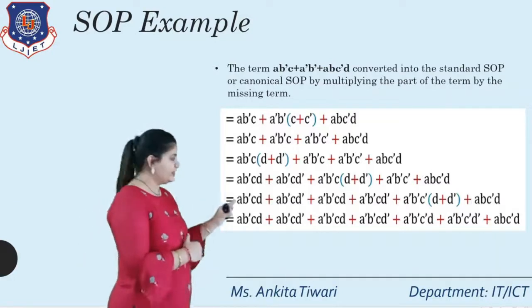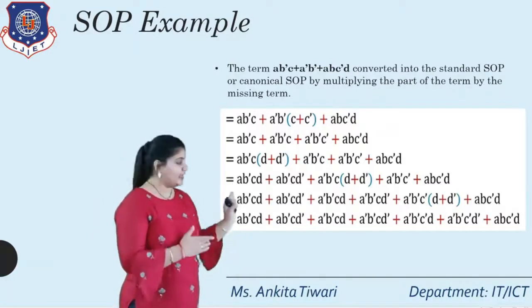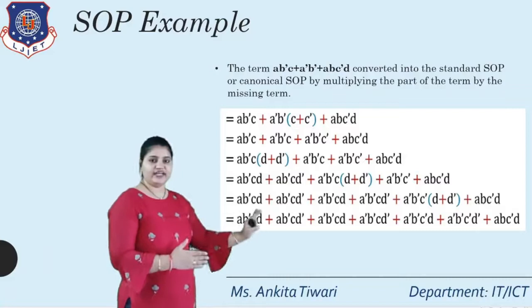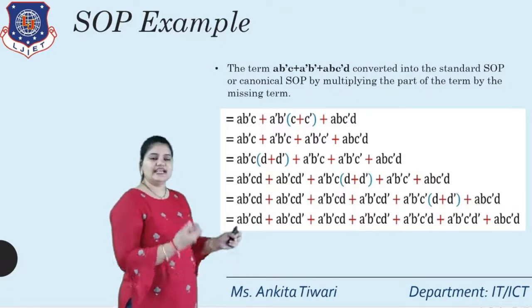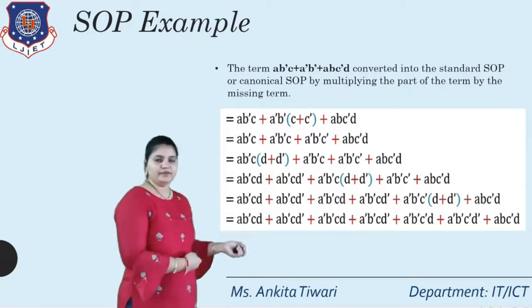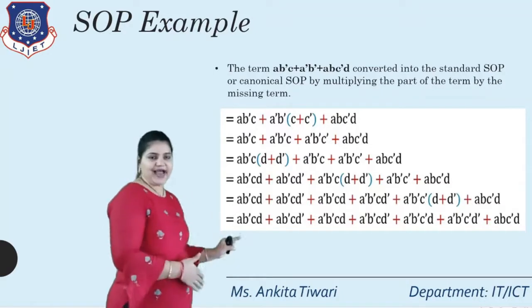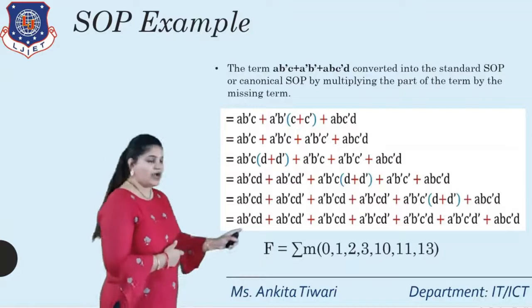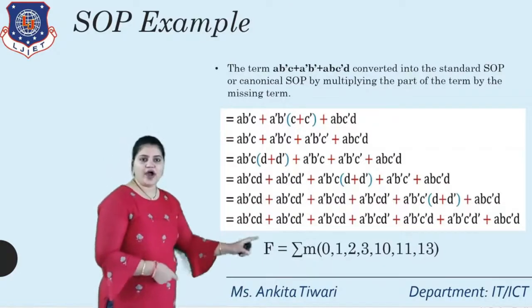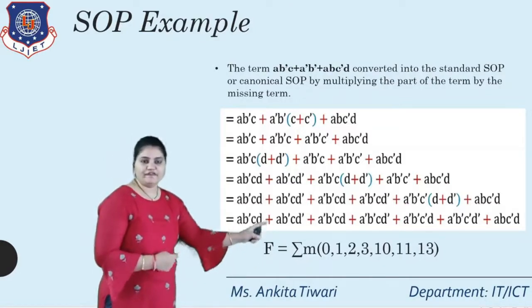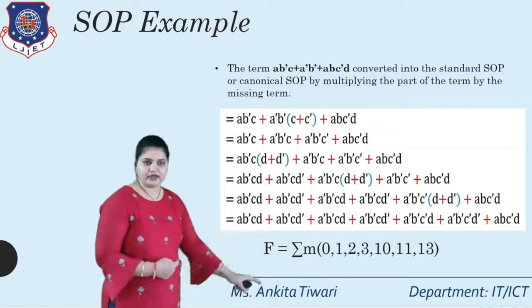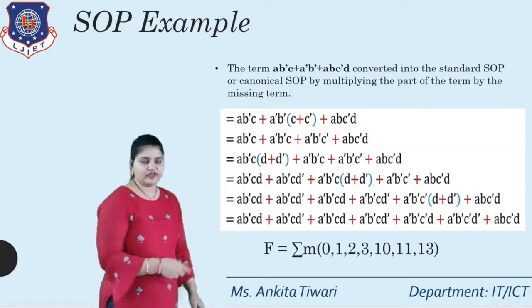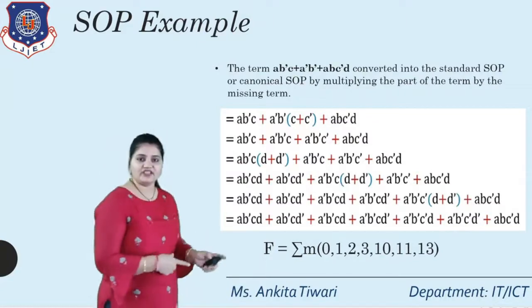So we need to see that also. Is any term repeating? If yes, then we'll combine it and keep only 1, and if not, we'll keep it as it is and we'll see the SOP. So here we get the answer as sigma m 0, 1, 2, 3, 10, 11 and 30 from the terms itself. So this is the representation of SOP.